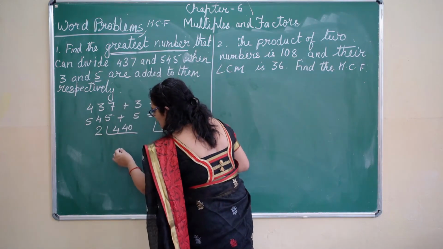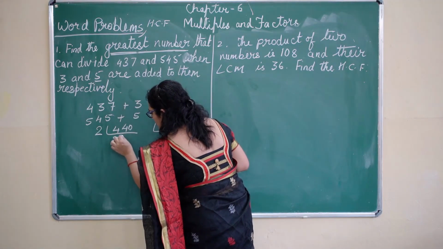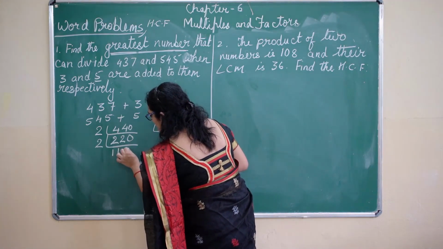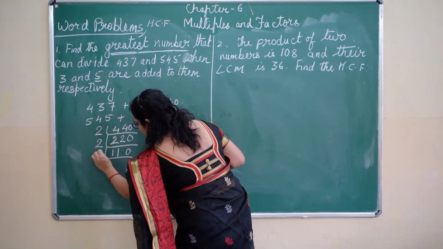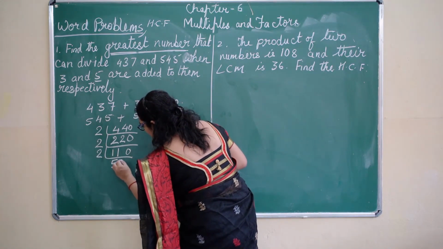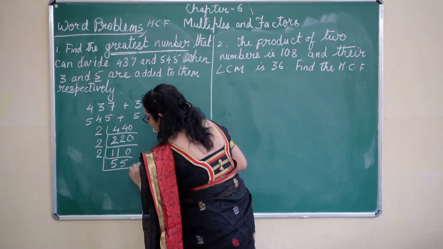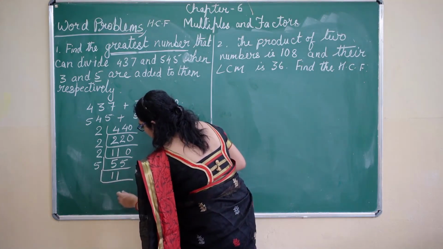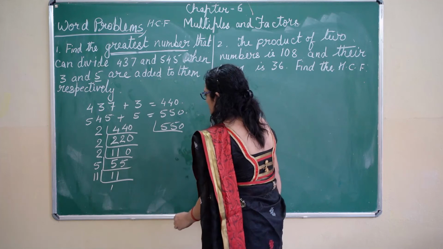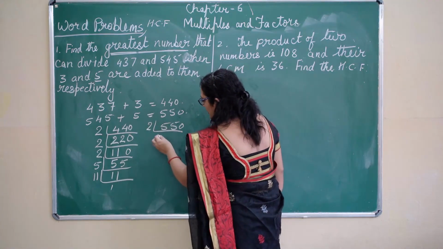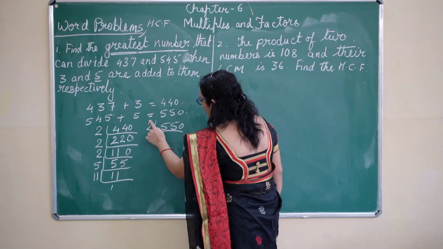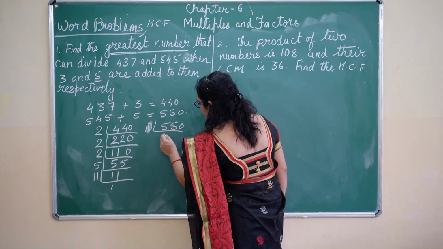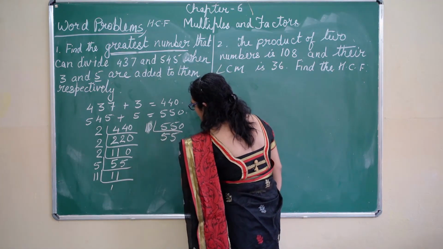So in the table of 2, 440 comes, like 2 to the 4, 0. And again in the table of 2, 2 comes 1 time. In the table of 2, 2 5s are 10, so 55. Then in the table of 5, 55 comes 11 times, 11 ones are 11. The same we will do for this one. Divide 550 by 2, or you can directly divide by 10. 550 divided by 10 is 55.